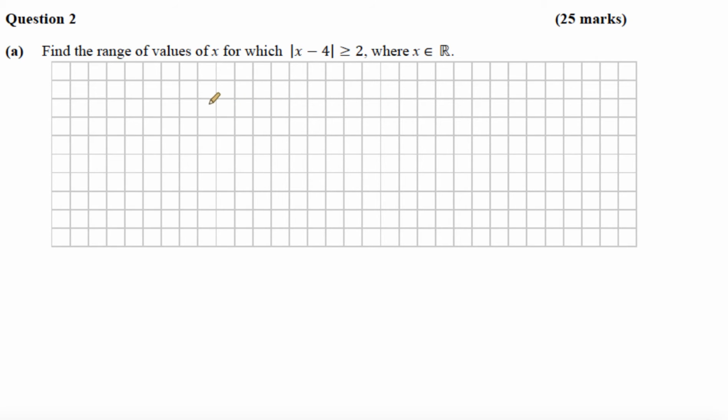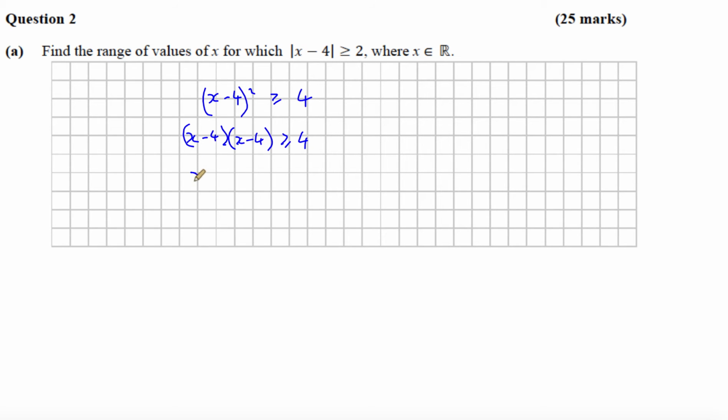So what we end up with then is x minus 4 squared will be greater than or equal to 4 when we square both sides. And that gives us x minus 4 by itself, greater than or equal to 4.